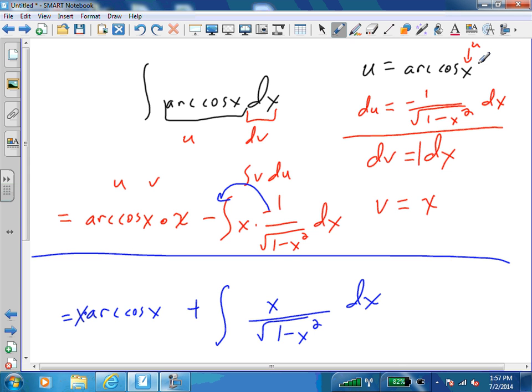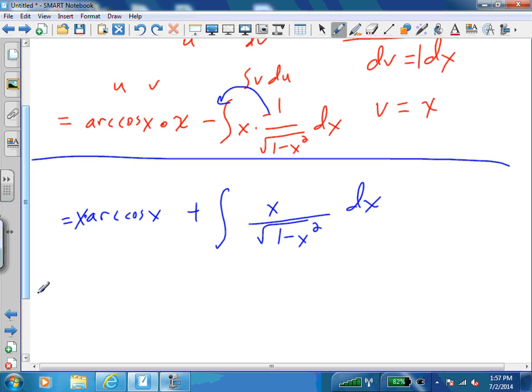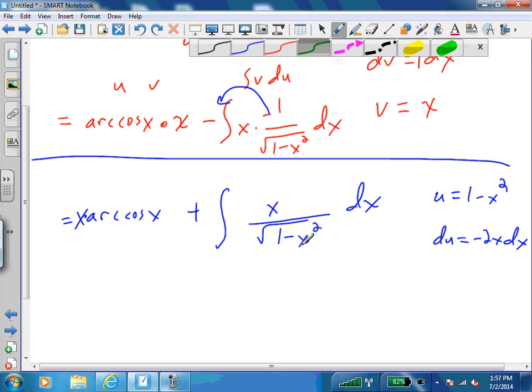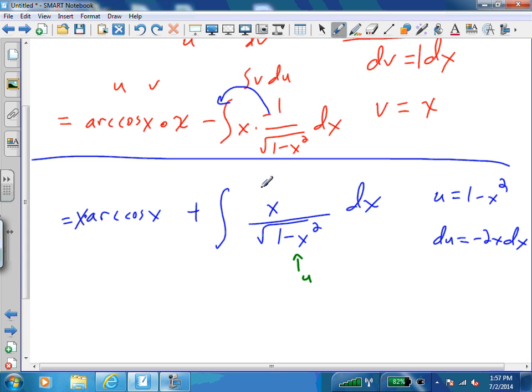All right. This is something we can do. How do we integrate this? Let u be 1 minus x squared. So what would that make du? Negative 2x dx. So that being u, then the rest of that needs to be du.